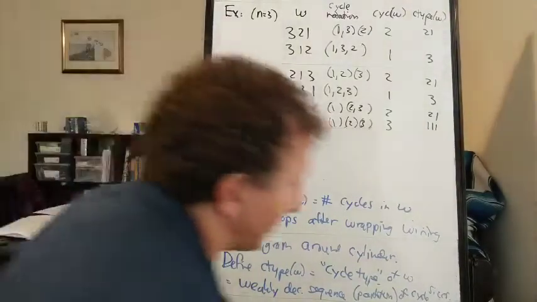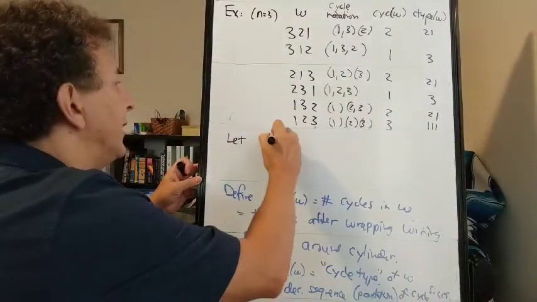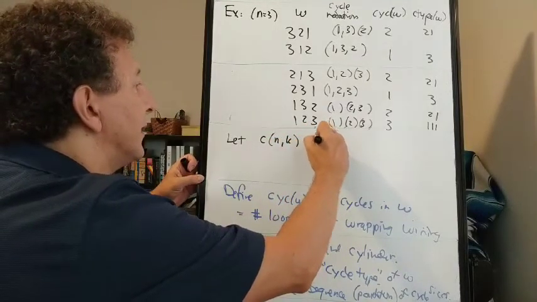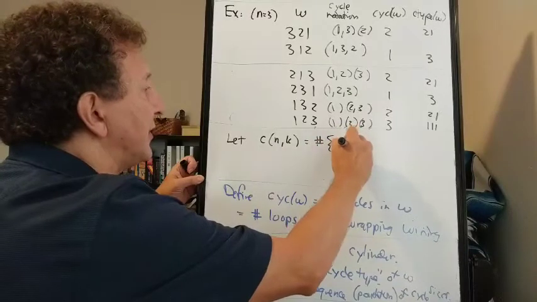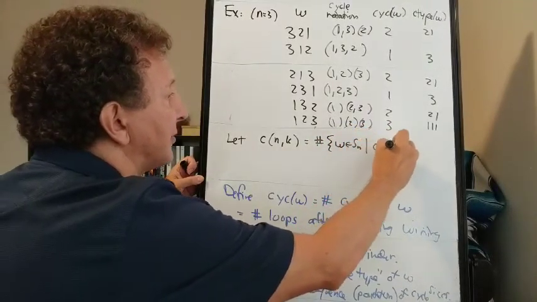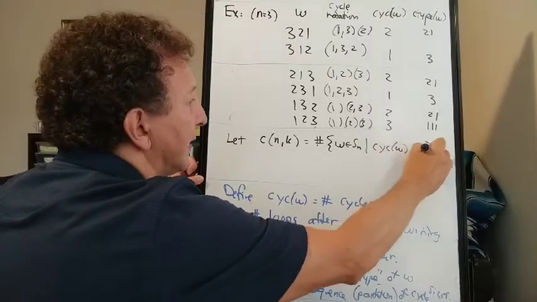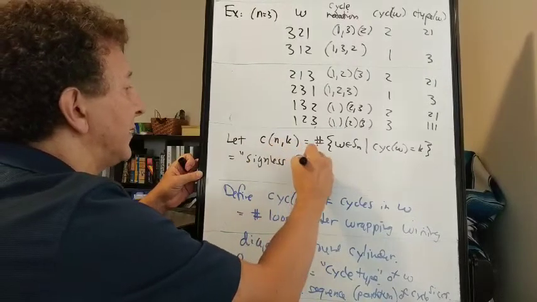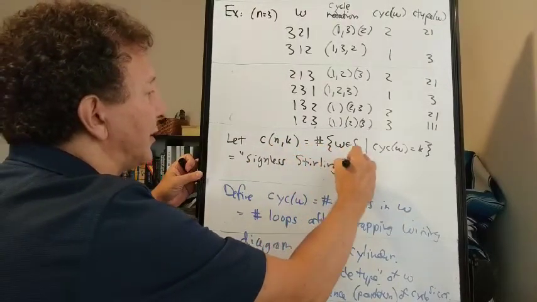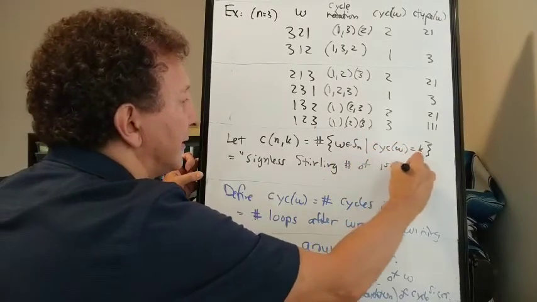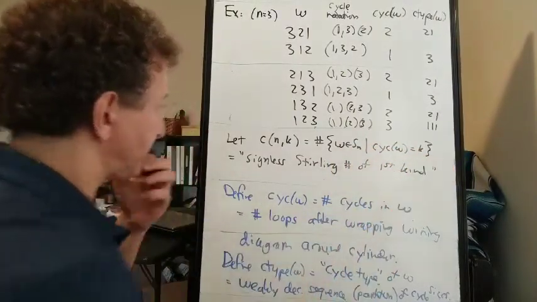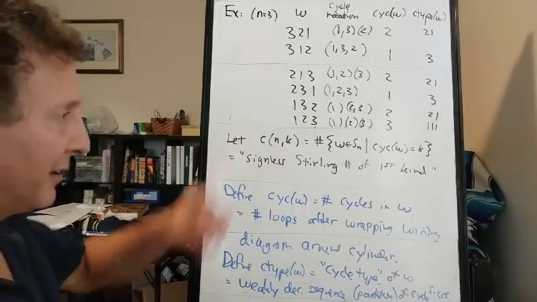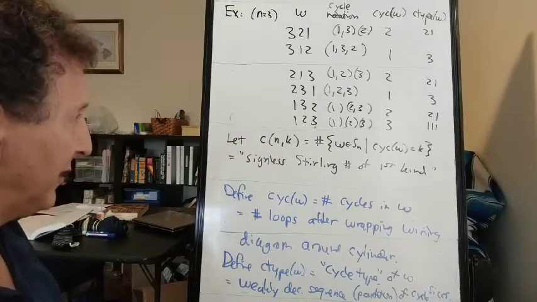Now we could count permutations that have k cycles, and we let little c(n,k) be the number of permutations in S_n such that the number of cycles is k. This is called the signless Stirling number of the first kind, because the Stirling numbers actually had a positive or negative 1 associated to them.